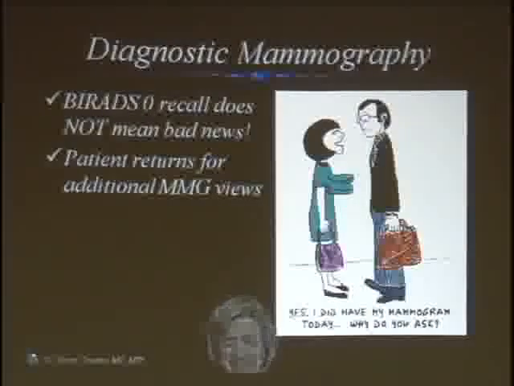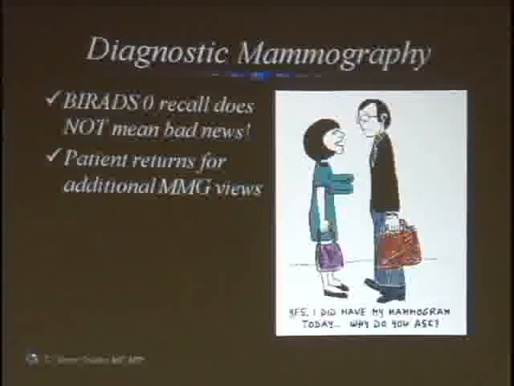Patient returns for additional mammographic views. Okay? No way around this. Please do your part, understanding how this algorithm works, and make your patient know that it's necessary. Tell them to return. Tell them to endure.